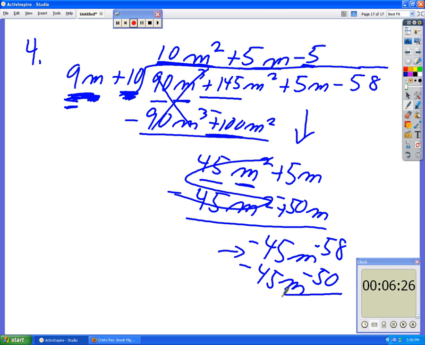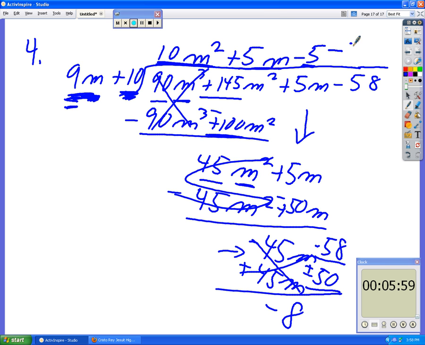Draw your line, change your signs, make it a positive 50. The 45m's cancel, and I have a negative 58 and a positive 50, which is a negative 8 for my remainder. Take the sign of the remainder, the negative in this case, put it after the 5, it's a negative.